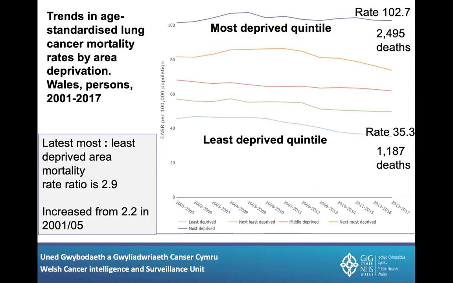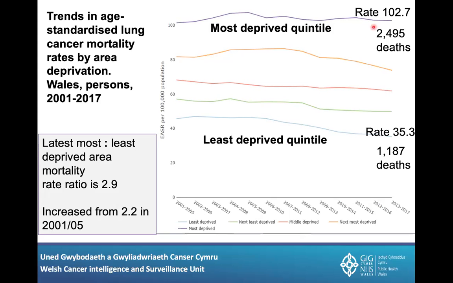So us public health physicians are generally quite interested in inequalities and preferably doing something about them. And perhaps of all the cancers, it's no surprise that lung cancer has some of the widest inequalities of all of them, particularly when it comes to mortality rates. And here we've attached the mortality data to geographic data on lower super output areas and the quintiles of Welsh index of multiple deprivation in which they fall.